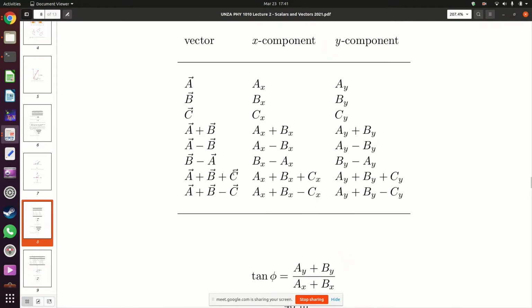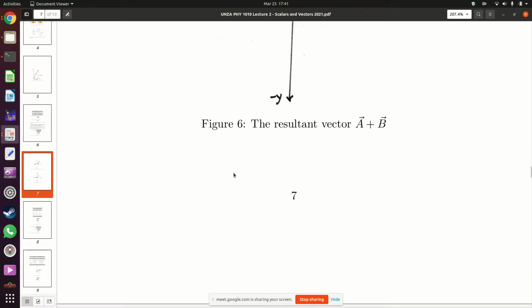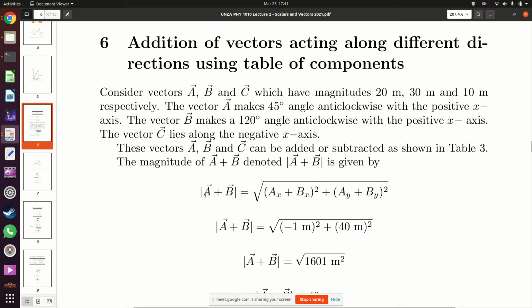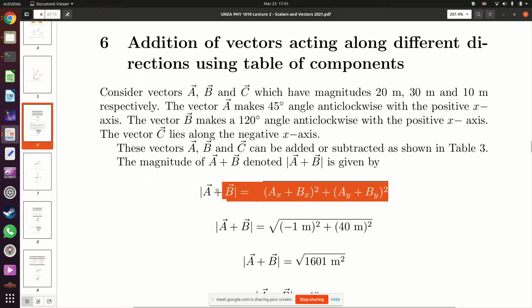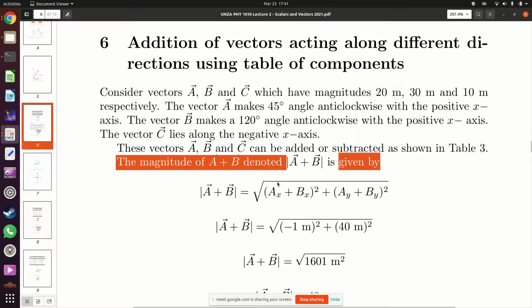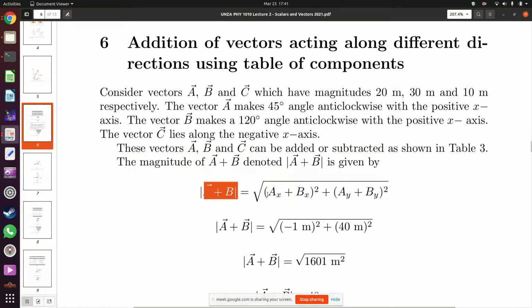Those are the x component and the y component of a plus b. So we can proceed to find the size of a plus b using this formula here. The size of a plus b, the magnitude of a plus b, which we can write like this, is equal to the square root of ax plus bx squared plus ay plus by squared.